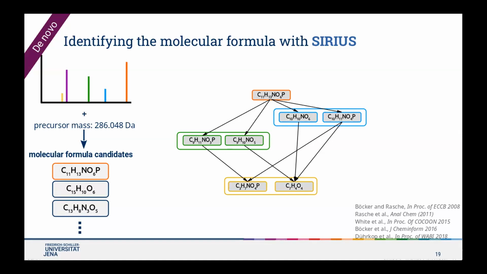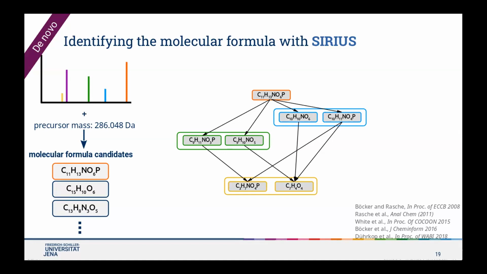So we can again generate all possible molecular formulas. Doing so, we have just one restriction for that molecular formula. It needs to be a subformula of the precursor formula, right? Because we cannot just magically generate additional elements or something like that.